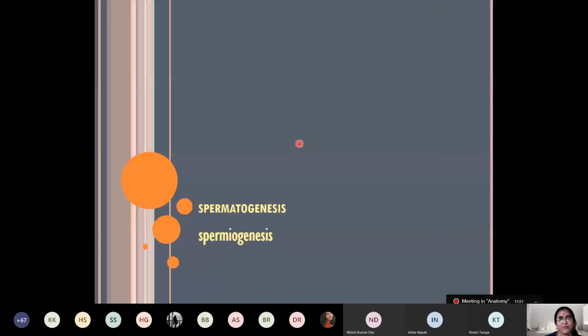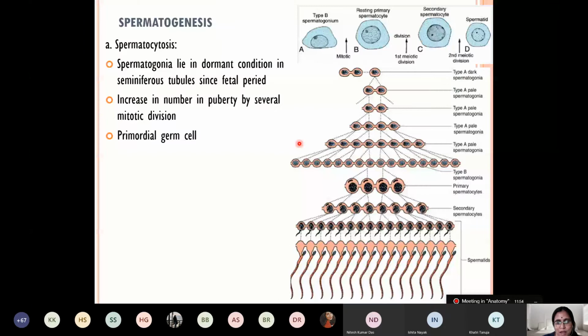Now, a brief overview, then I'll show you the model. The formation of the gametocyte is known as gametogenesis, and in the male it is known as spermatogenesis. In spermatogenesis, there are subparts, that is spermatocytosis. Here you can see the primordial germ cell.